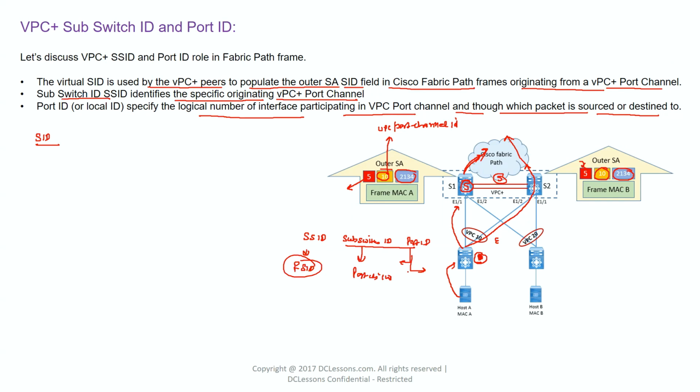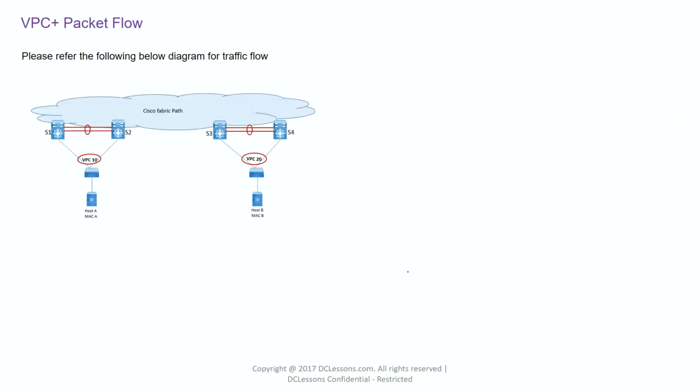So now let's look at how the traffic flows into the VPC+ domain. Here host A wants to talk to host B. Okay, now what happens? Let's suppose host A doesn't have the MAC address of host B. So what will happen at first?